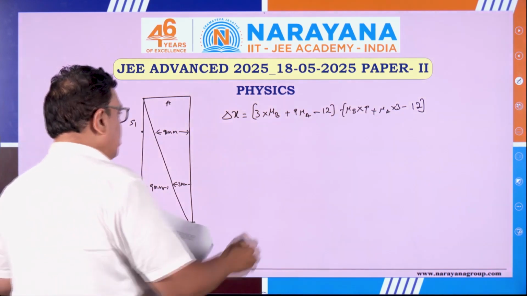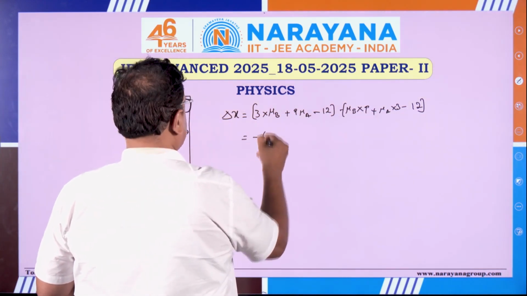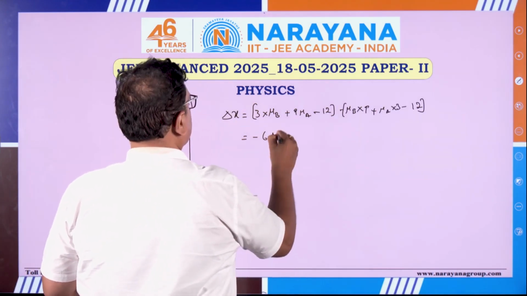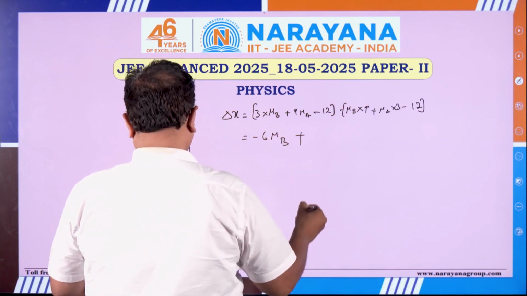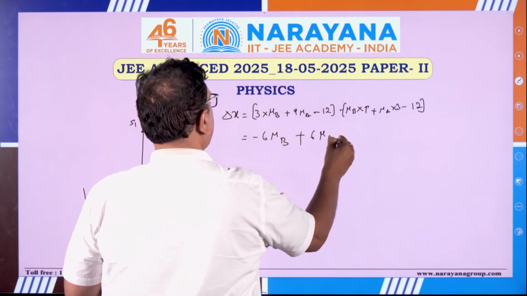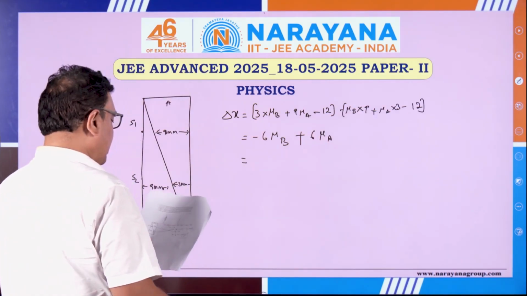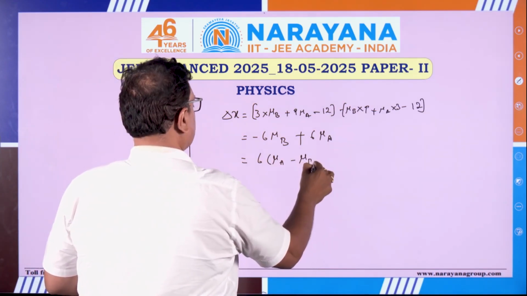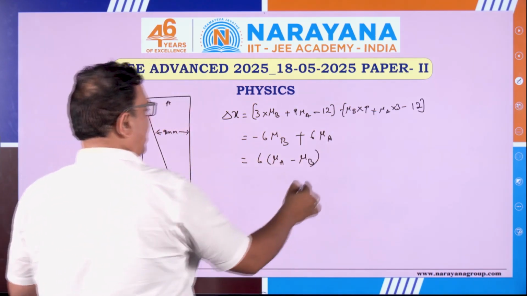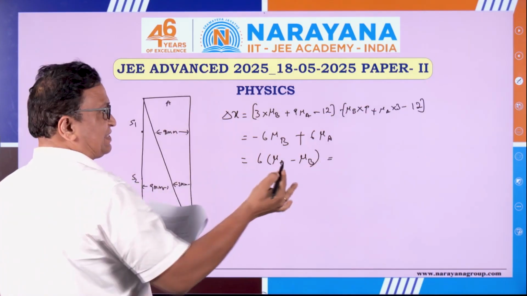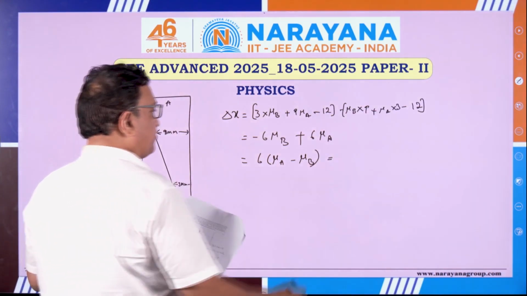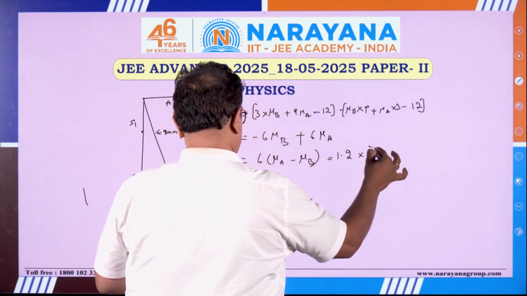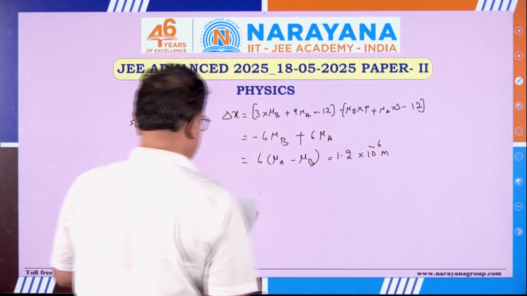Now this will become minus 6 times mu B plus 6 times mu A, and this works out to be 6 times (mu A minus mu B). They have given the values 1.7, 1.5. So obviously you will get this as 1.2 times 10 power minus 6 meter.